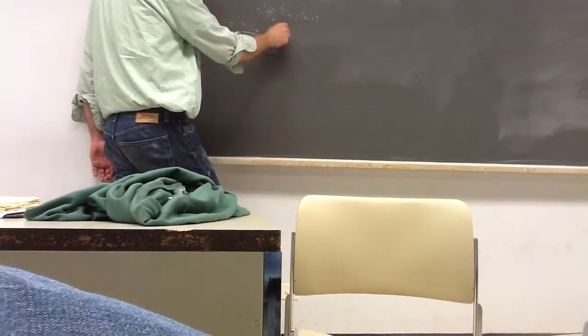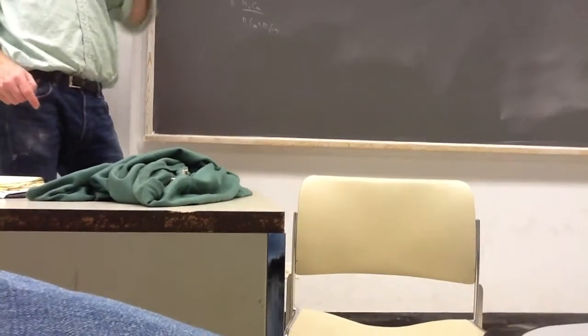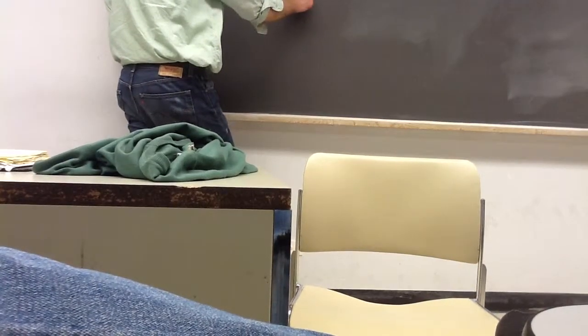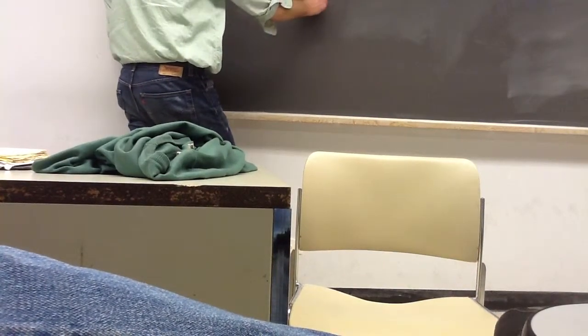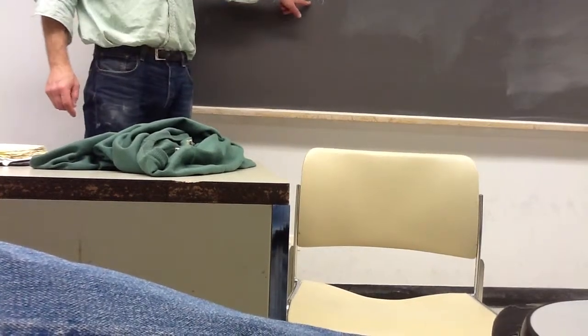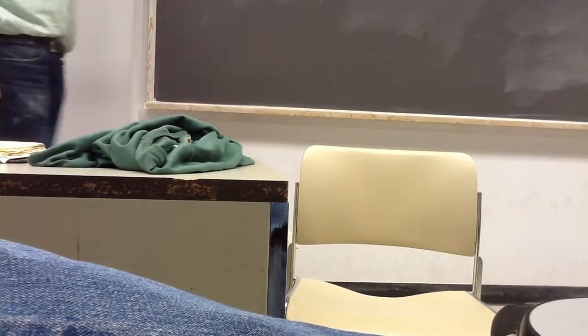Good. And which CA is this for a CSTR? CA at the exit. So I have CA in minus CA, and to save myself some writing, CA without a subscript is CA out.